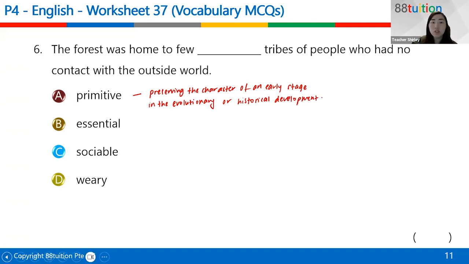Another meaning is very basic or unsophisticated in terms of comfort, convenience, or efficiency.